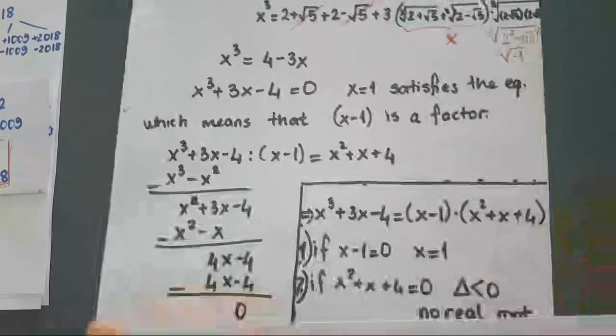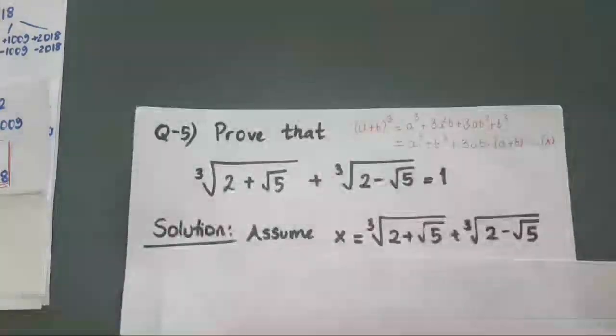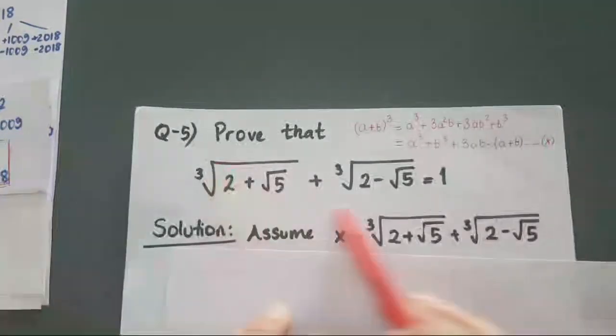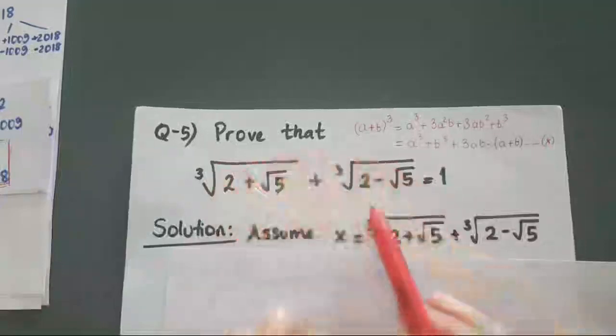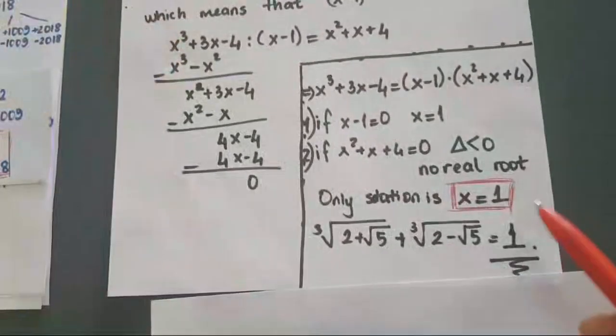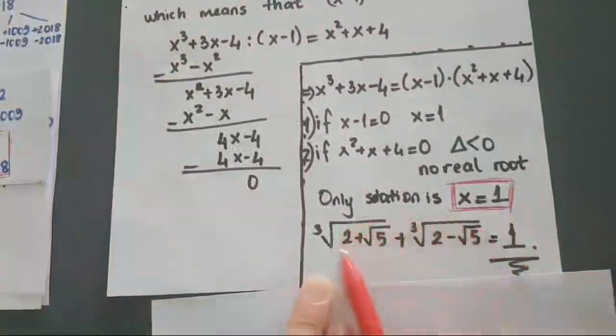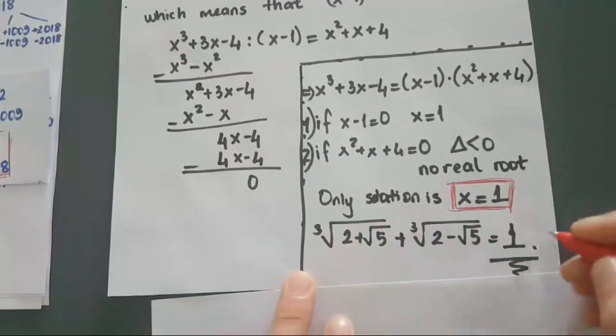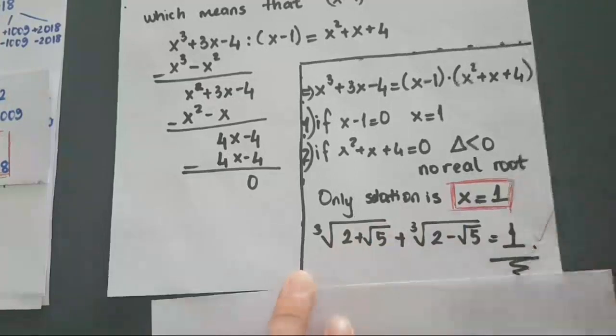Let's go back. What was x? x is the left side of the equation. So for the left side of the equation, there is only one solution, which is 1. Means that if the only solution is 1, this expression, which is x, is equal to 1. And the proof is done.